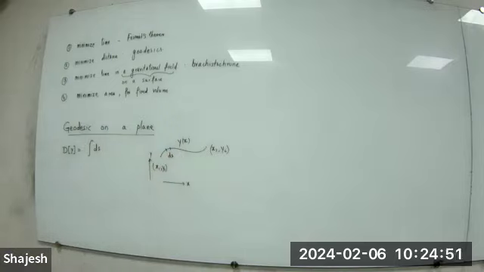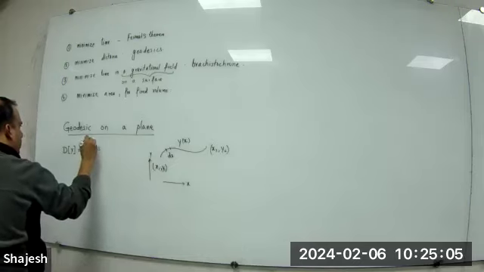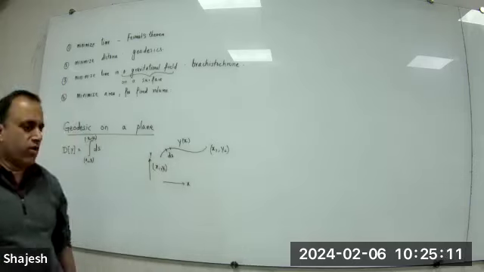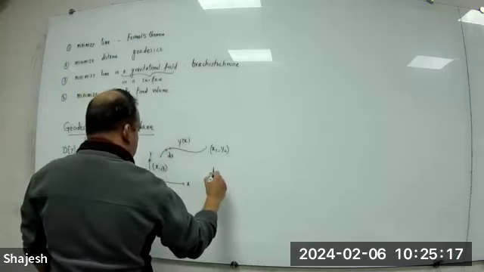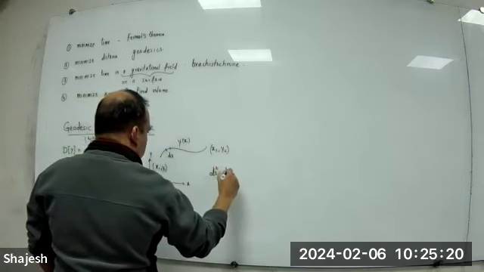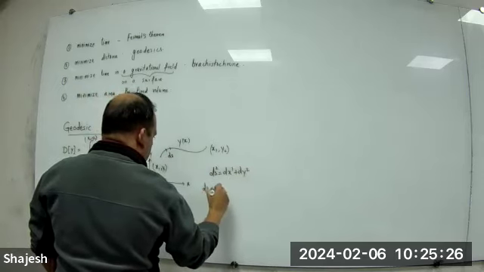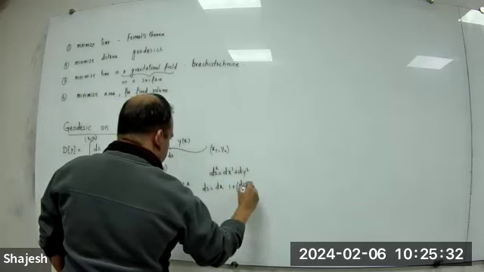So the total distance, which depends on the function y that I pick, is nothing but adding up, going from x1, y1 to x2, y2. y1 and y2 are not independent. If I know the function, then y1 and y2 are dependent on x1 and x2. ds is nothing but the square root of dx squared plus dy squared. So ds is equal to dx times the square root of 1 plus (dy by dx) squared.